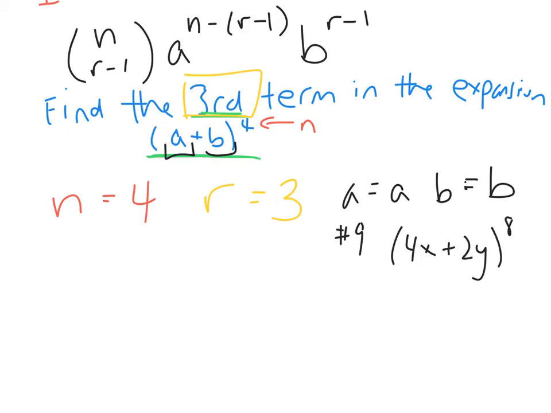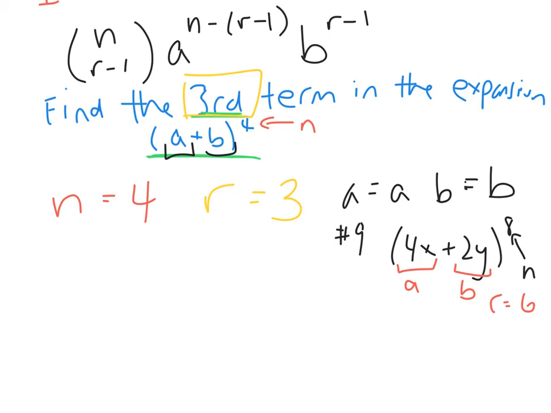So this is your n, your r would be the 6th term, which is what I'm telling you to find, and then this is your a, and this is your b. In the example I'm doing, a is just a and b is b, to the 4th power.